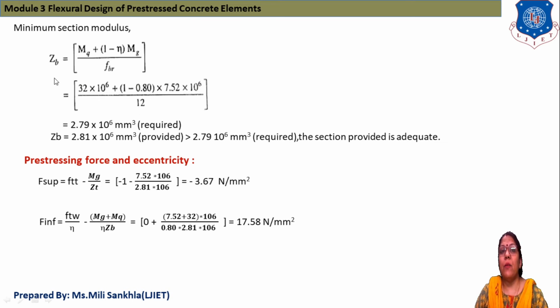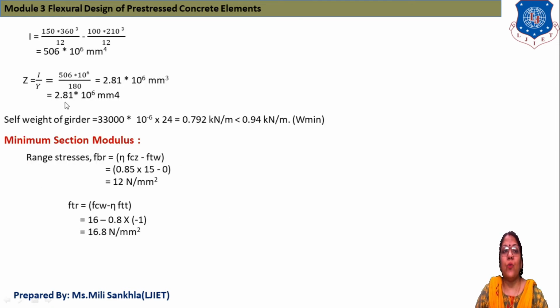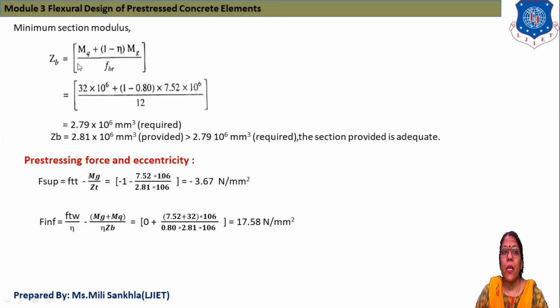And this minimum section modulus we find 2.79 into 10 raised to 6 mm cube. This one is the required section modulus. Now Zb is equal to 2.81 into 10 raised to 6 mm cube. This one is the provided. Look at this: 2.81 into 10 raised to 6 is the provided section modulus, and from this equation we find out required, and the provided section modulus is greater than required, so section is adequate.